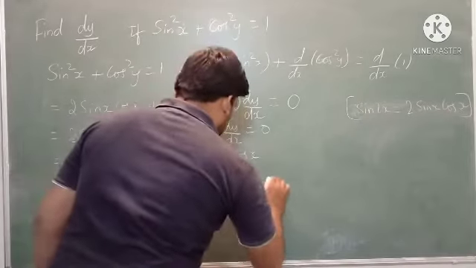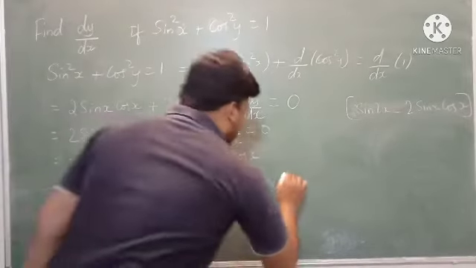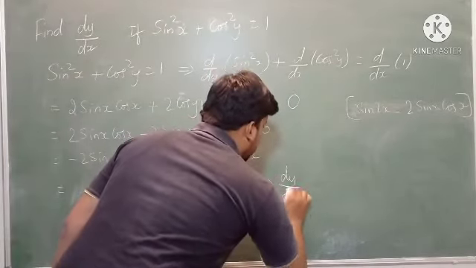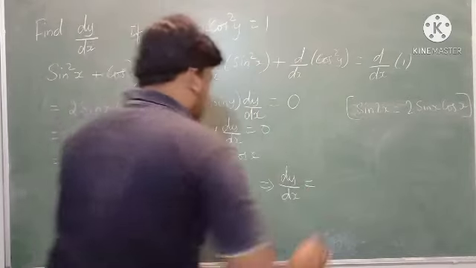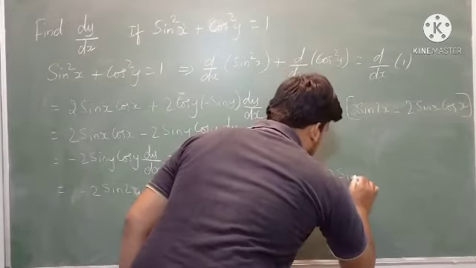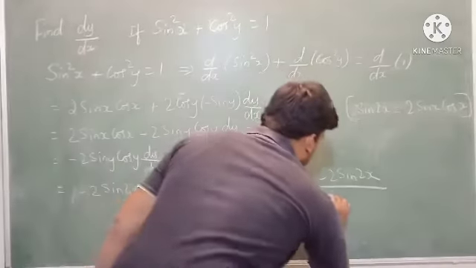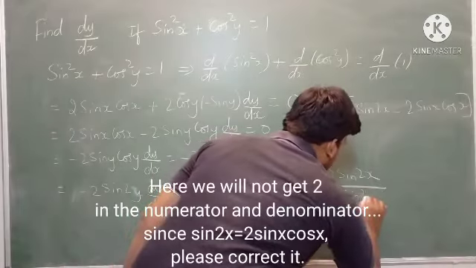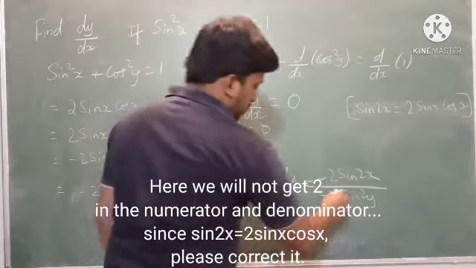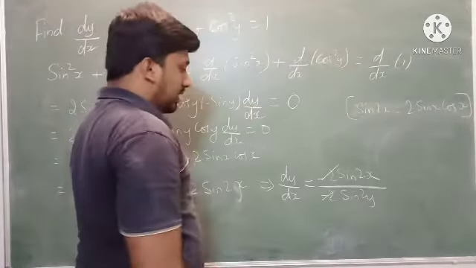So that implies we will be getting dy by dx is nothing but minus 2 sin 2x, and by this one I will be getting down here minus 2 sin 2y. So minus 2 gets cancelled.